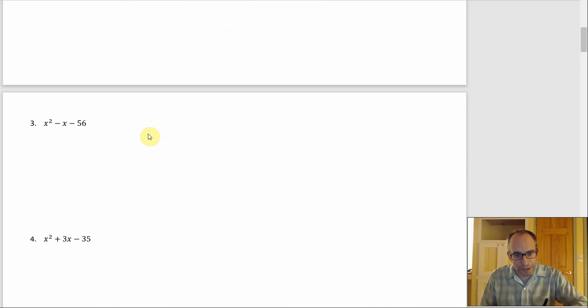So I guess first of all, I'm going to say, look at that negative 56. That means that m and n have opposite signs. I guess I can kind of start abbreviating here. So I'll just put op for opposite. And then the negative x, or negative 1x, if you want to write it like that.